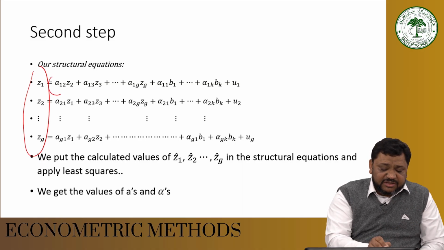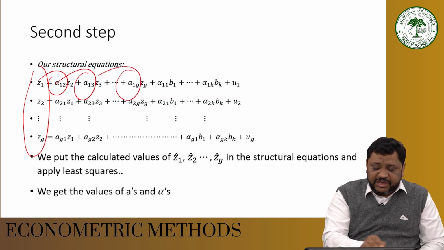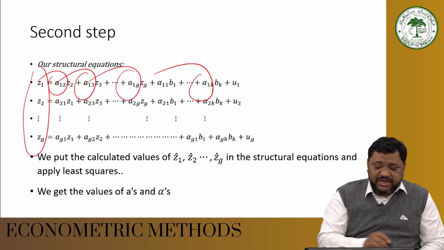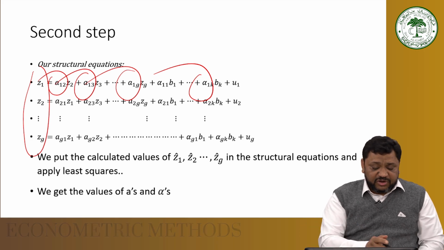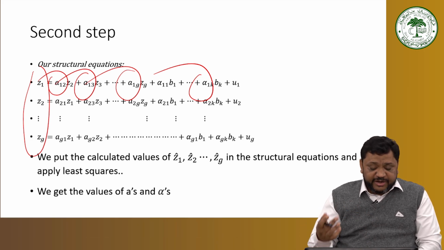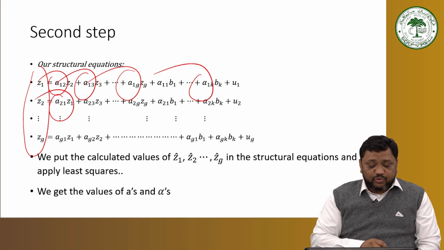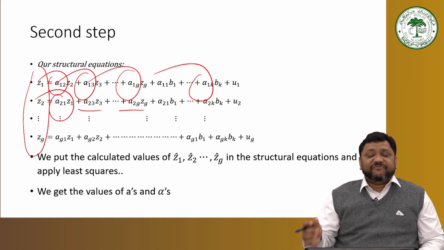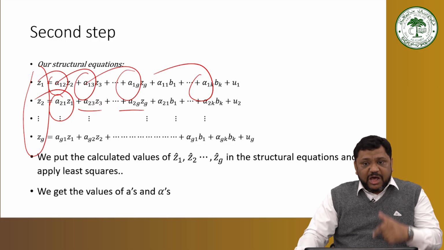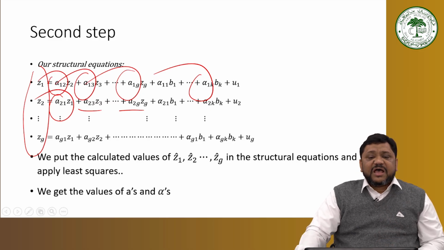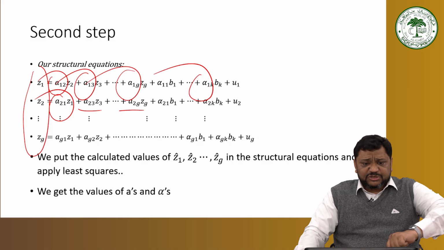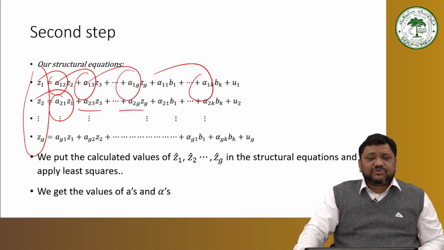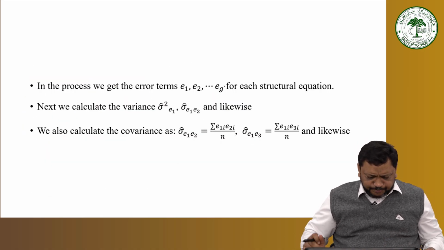Now we can estimate the values of a12, a13, a1g, alpha 1k and alpha 2k, and for the second equation we know the values of a2. From here we can estimate a21, a23, a2g, alpha 21, alpha 2k and likewise. So now we can estimate the values of alphas and betas. This process is nothing but the two-step least squares method.